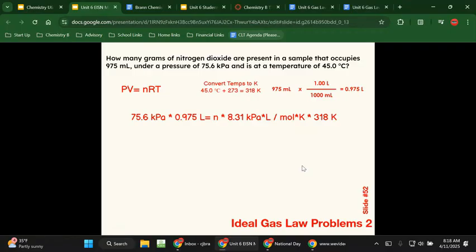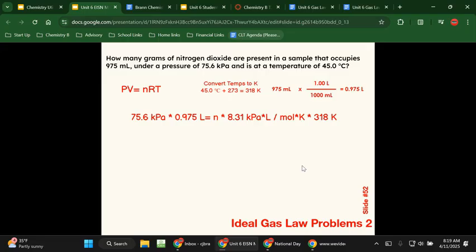Linda, why that R value? Not sure. Langdon? Because it's kPa, not atm. Our unit of pressure is kPa.